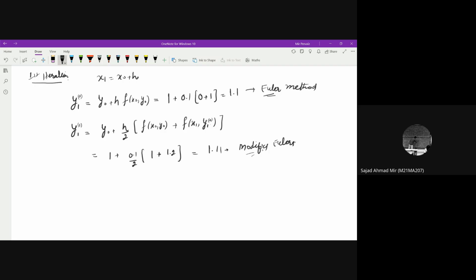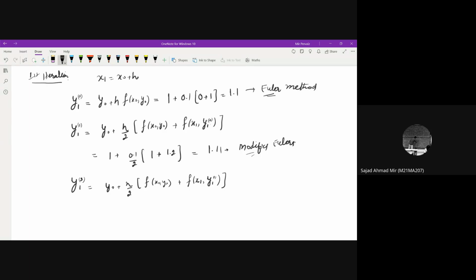This is your new approximated value. Now you can go for the second order, for further improvement at the same point. This will be y0 plus h by 2 f of x0 y0 plus f of x1 comma, now I am using the first order approximation here.